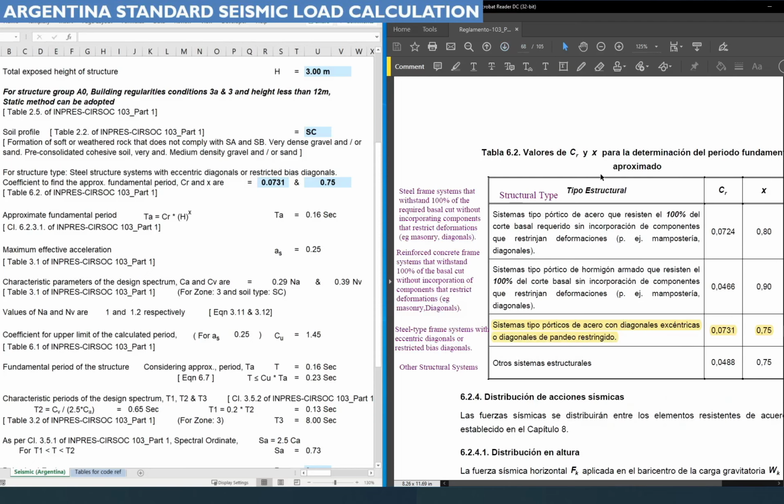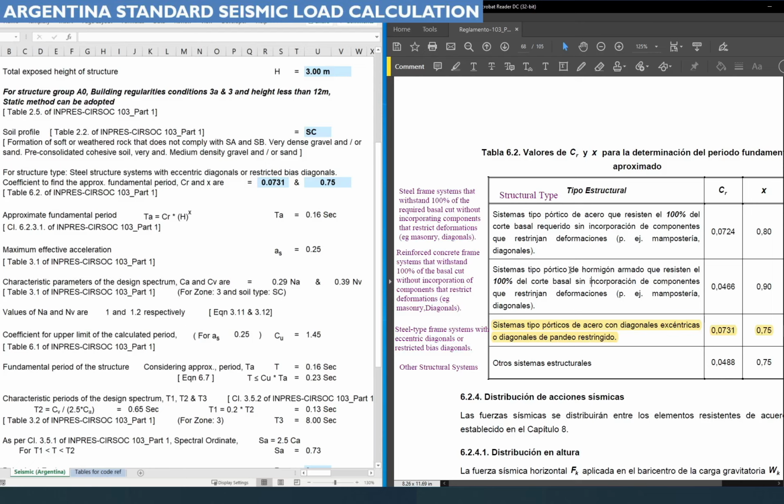On the right hand side you can see the standards in table 6.2 for structure type, where the first type is mentioned as steel frame systems that withstand 100% of the required basal shear without incorporating components that restrict deformation. The first category is a steel frame system having brick infill between the two columns or two frame members.